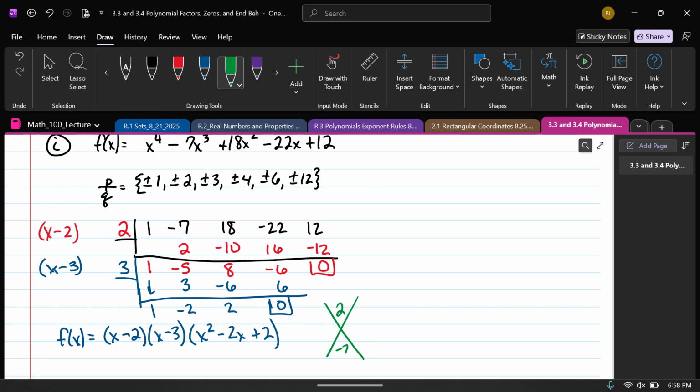Multiply to be 2 and add to be -2. Is there anything that multiplies to be +2 and adds to be -2? Only thing I could think of would be -2 times -1, but that adds to be -3. So that doesn't work. So it won't factor any further. So that means this is my factored form.